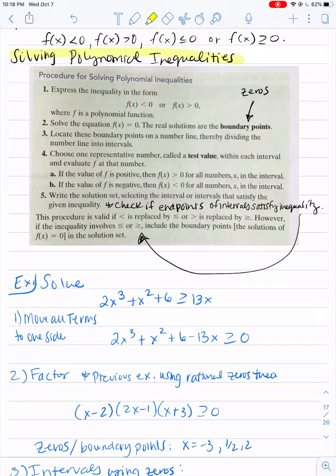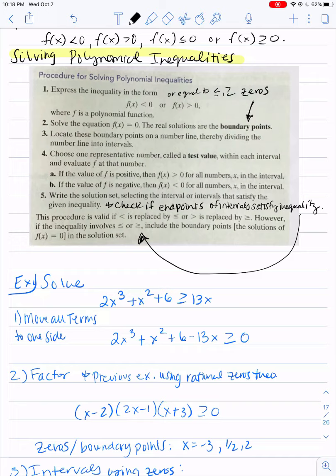We express the inequality in the form f of x less than 0 or f of x greater than 0, and we could have or equal to with these, where f is the polynomial function. Then we solve the equation f of x equals 0, and these real solutions are going to be our boundary points.